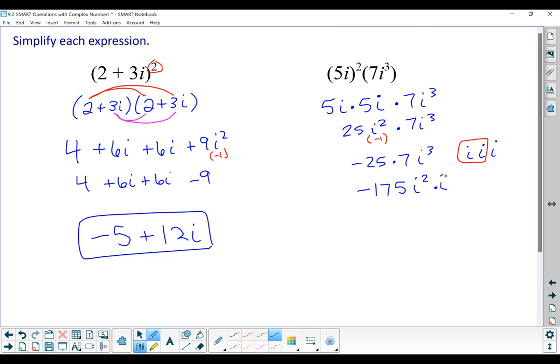That's the same as i to the third. So this i squared, we could also think about as being a negative 1. And if we multiply negative 175 by negative 1, we get positive 175. And then I still have this little i over here by itself. So my final answer would be 175i.